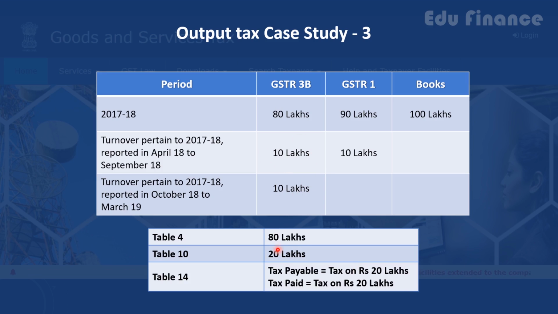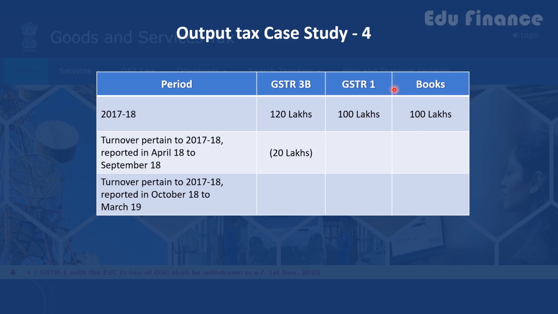In such a case, turnover of rupees 80 lakhs should be reported in table 4 of GSTR 9 and turnover reported as part of amendment shall be reported in table 10 of GSTR 9. And also in table 14, we should report the differential tax payable and paid on account of declaration in table 10 and 11.